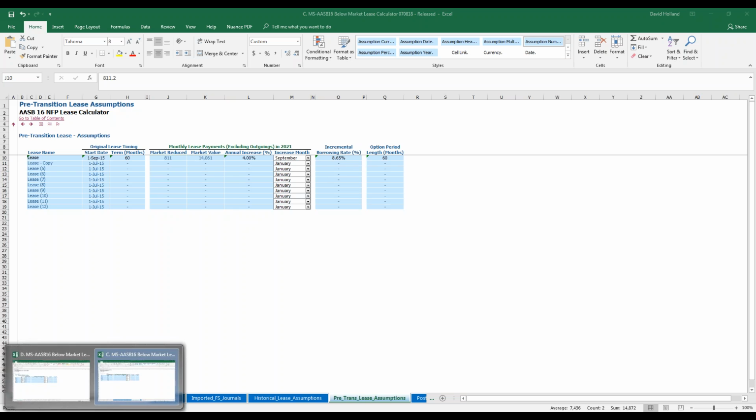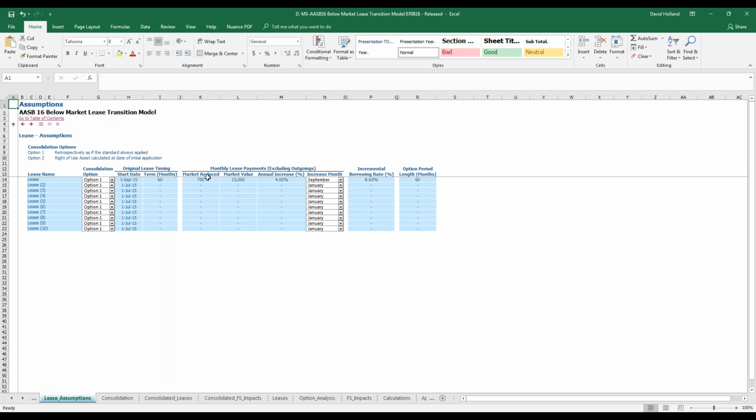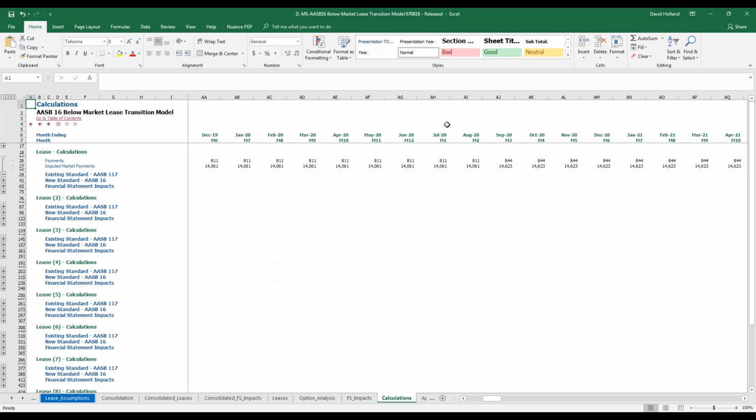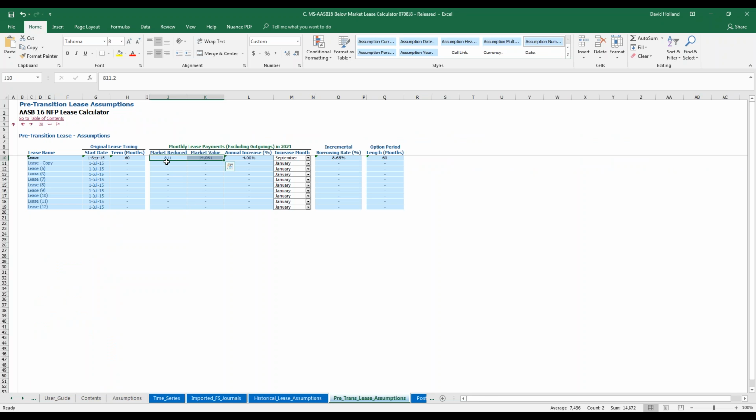You'll see that those two payments do not actually equal what were there because they were payments for 2019. You need to go to the Calculations tab and look here for July 2020. And you can see the payments were $811 and the imputed market payments were $14,061. They're the numbers that come into there to then drive the model going forward.